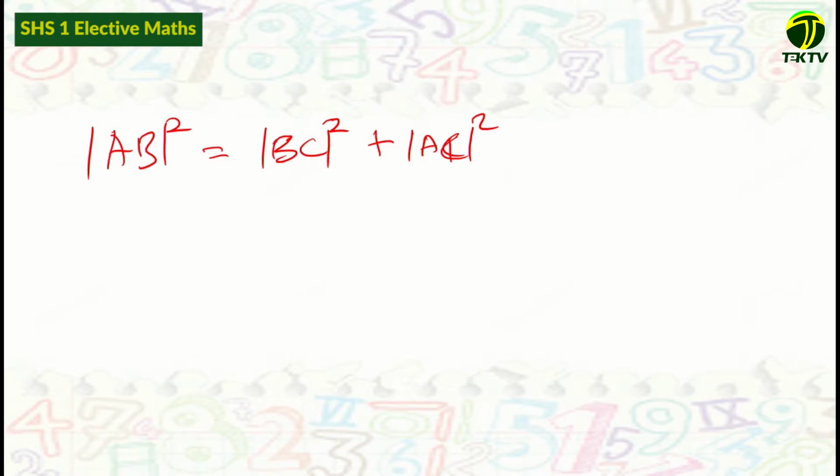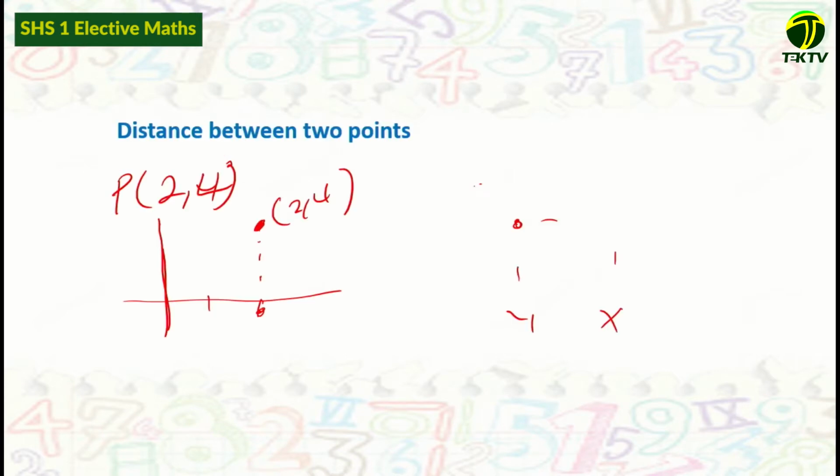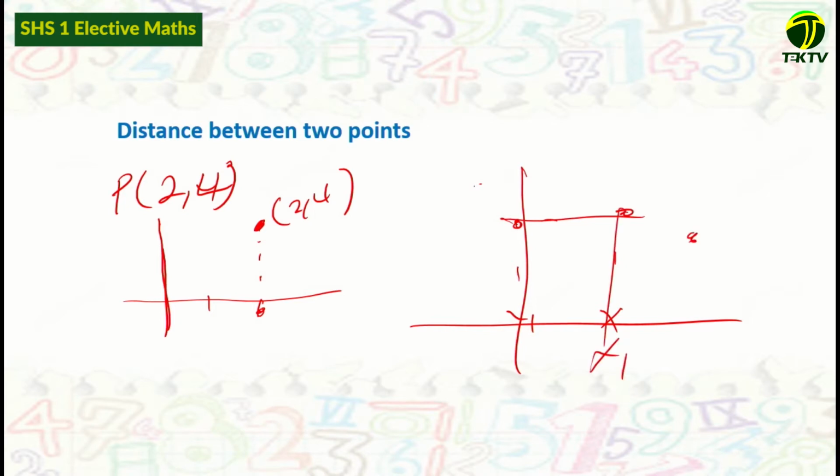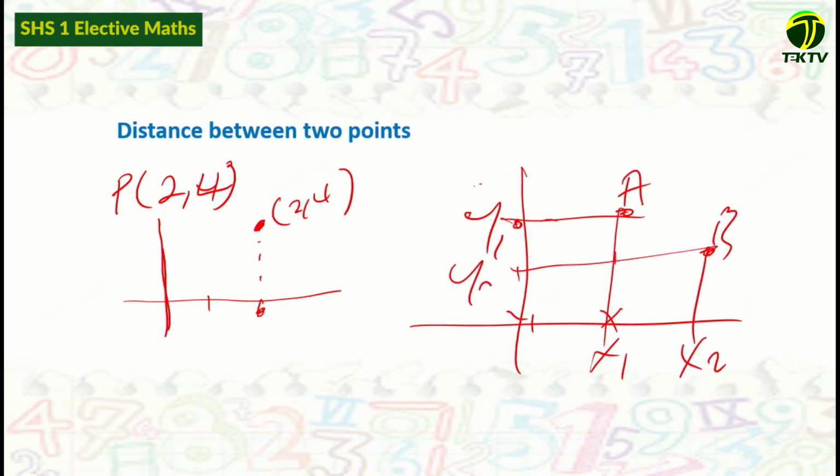Now, in finding for the distance between the B and the C, which is the same as what we did earlier on, we have A, we have B. So A is x1, y1, then B is x2, y2.